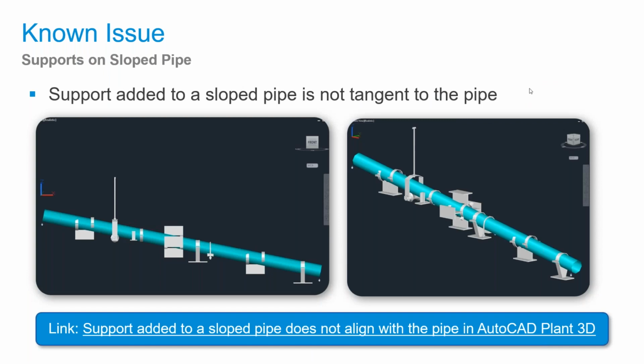Another known issue is that the supports don't align with the pipe. To be honest, I don't think it's a big problem, although it could lead to misunderstandings. It depends on the hanger type whether it's a problem or not.